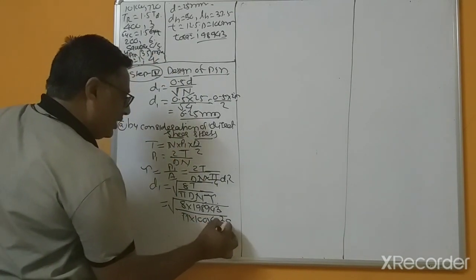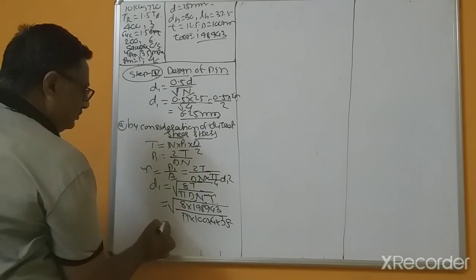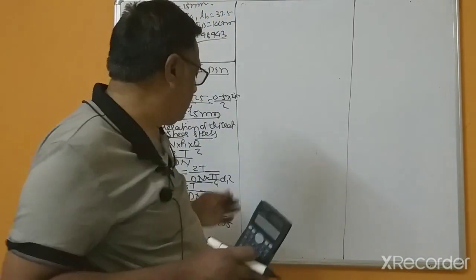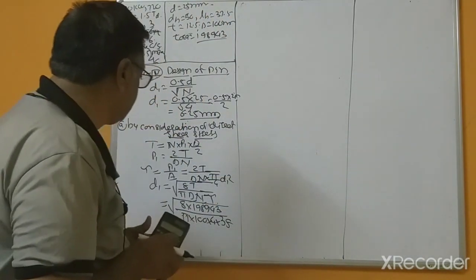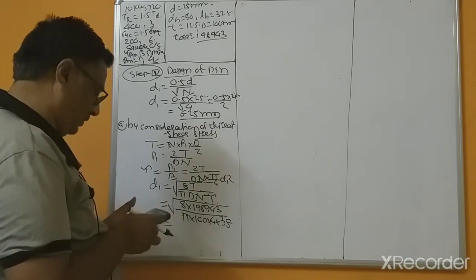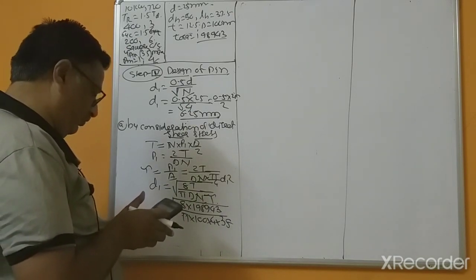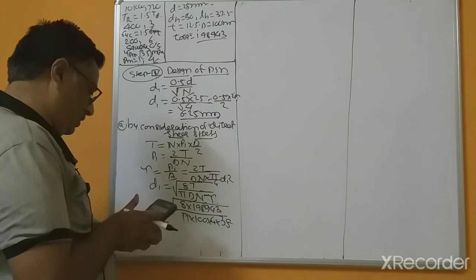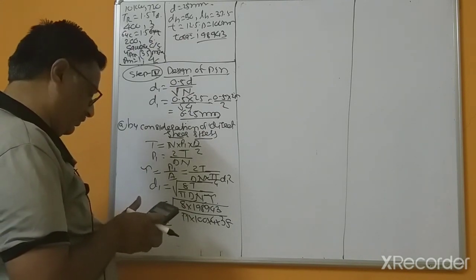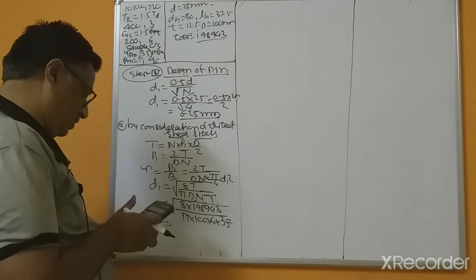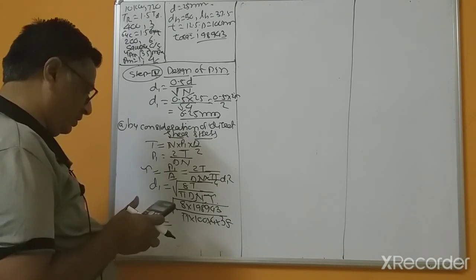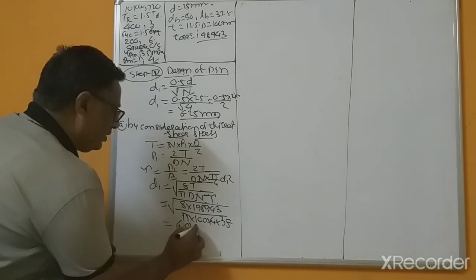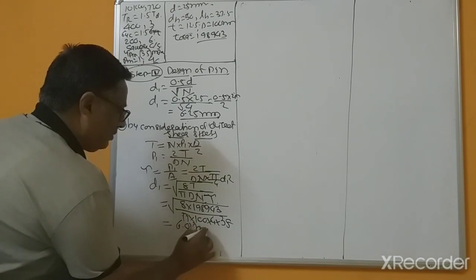That's why I am keeping this as 35, because the pins are made from mild steel. 198,943 multiplied by 8 divided by pi divided by 100 divided by 4 divided by 35, and again I got 6.01 mm diameter of the pin.